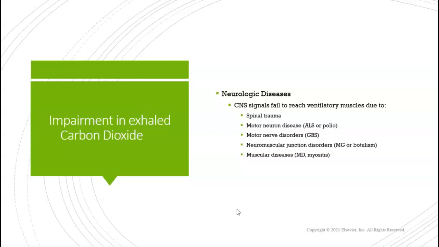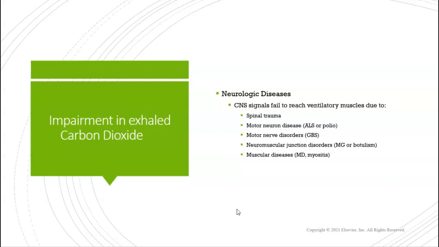Myasthenia gravis and botulism are disorders that affect the neuromuscular junction. And then muscular diseases like muscular dystrophy and myositis can also impair the signal. The signal got transmitted, but the muscles aren't working the way they're supposed to, and that makes it hard to ventilate.